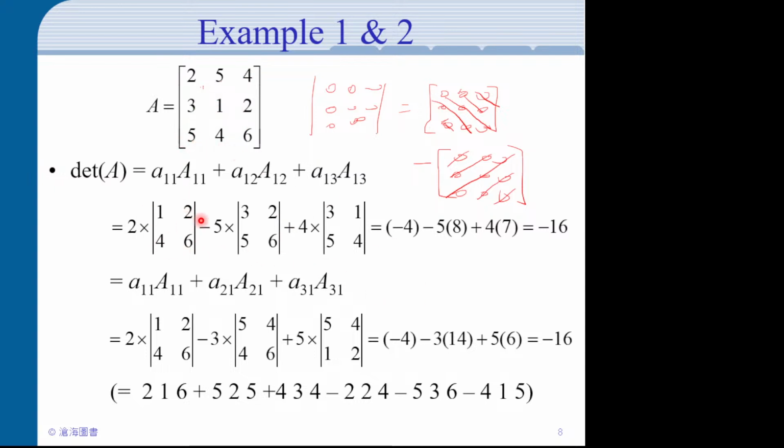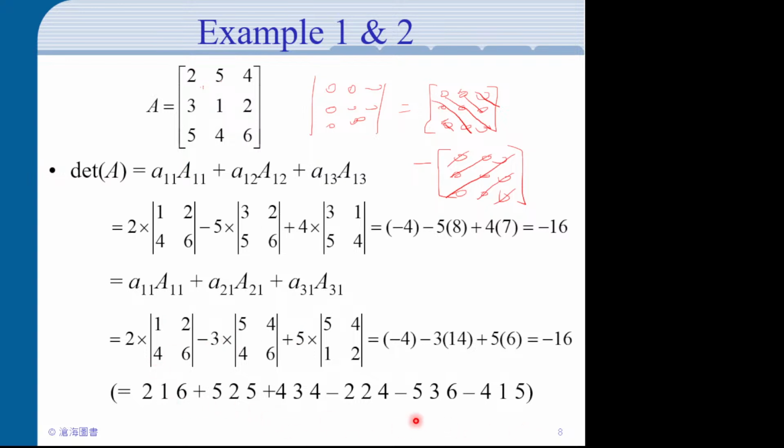And then you need to recursively calculate the determinant of those three things, and anyway you will get -16. And you can also expand on the first column, and you will get the same number.